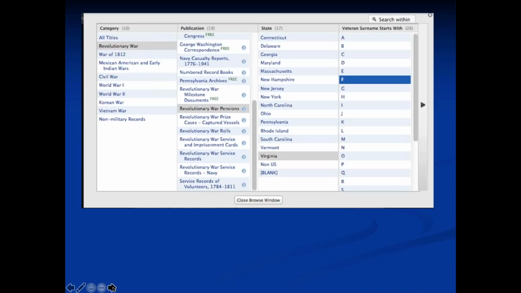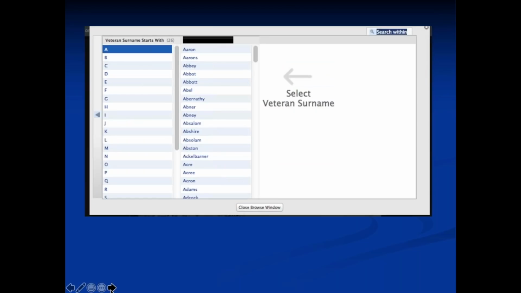The index to final pension payments, last and final payments, is by the state in which they were living. So you want to keep these two things separate in your head. The pensions are filed by where the state of service was from, and they're by first letter of surname, and then by surname.